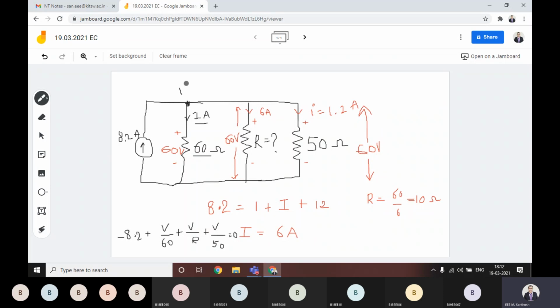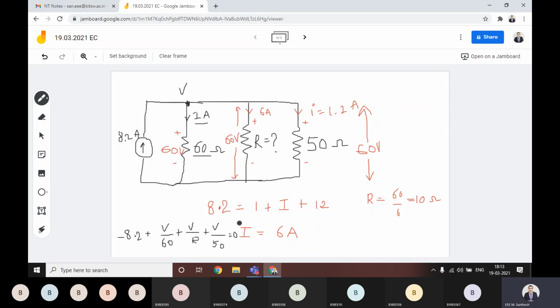Here V appears directly. How are we getting V? Simply multiplying 1 into 60, we directly get 60 volts. In this equation, we substitute V as 60, then we get the R value. That is also okay, right?